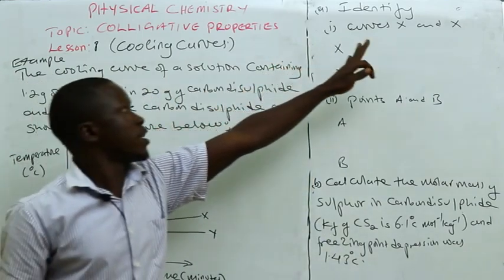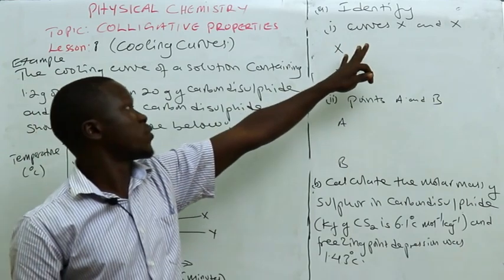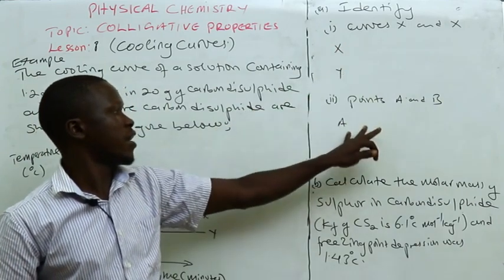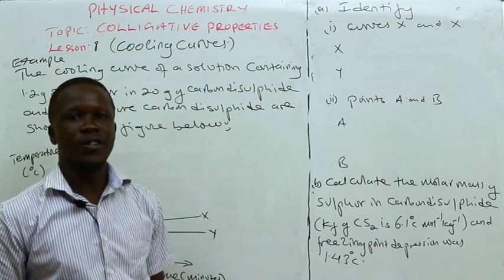So everyone who has been watching can actually name X, Y, A, and B, those points.